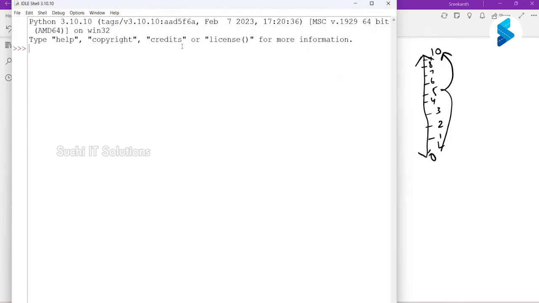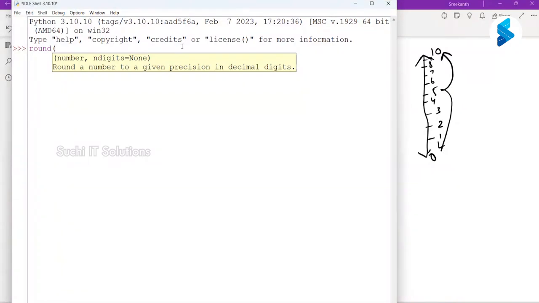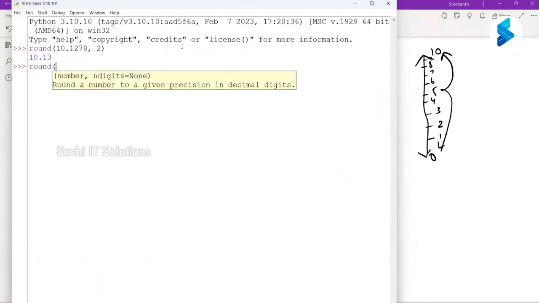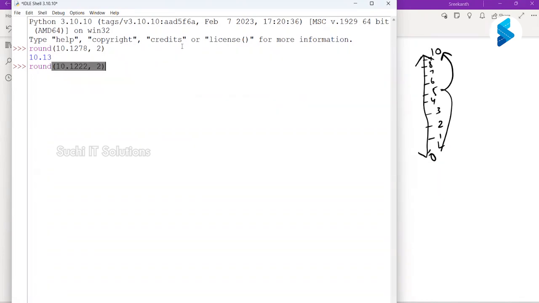Round is a function which takes 2 parameters. What is the number? Let us say 10.1278, and I want 2 decimal points: 10.13. Now I want to round 10.1222 to 2 decimal points: it would be 10.12.